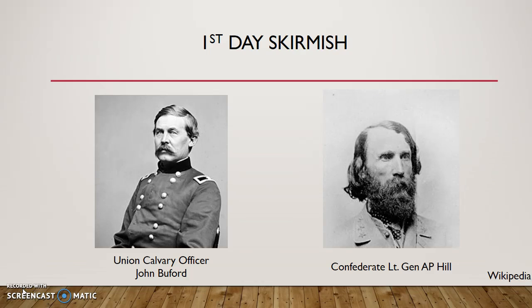At this point in time, both armies were slowly arriving on the battlefield. That afternoon, the Confederates had the upper hand, and the Union forces retreated through the town and up on the heights. In the evening, the fighting stopped, and both sides prepared for the next day.